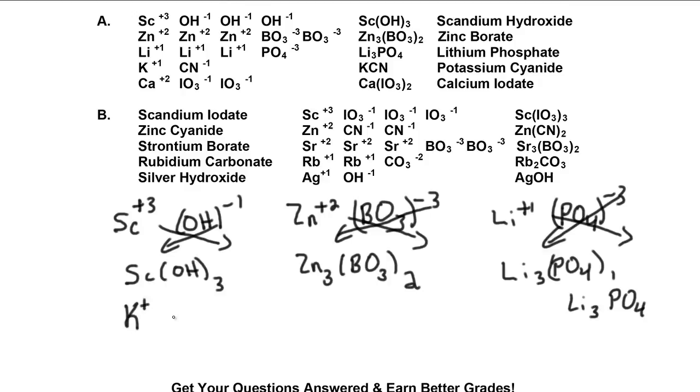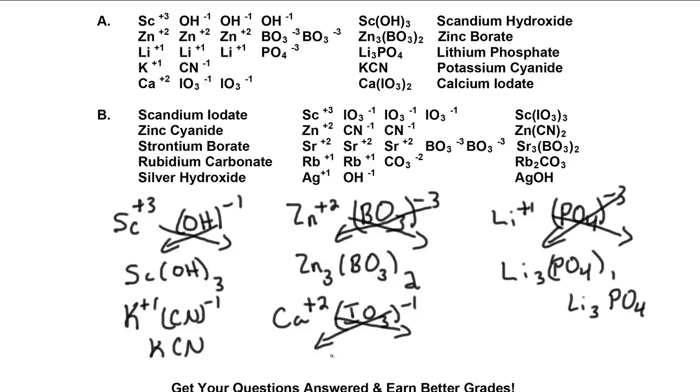Potassium is a +1, cyanide, CN, is a -1, so we have +1 and -1. That's going to give us KCN, +1, -1. Calcium iodate. Calcium is a +2. Iodate, IO3, that is a -1. When we play that crisscross game, we're going to get calcium iodate, Ca(IO3)2, calcium iodate.